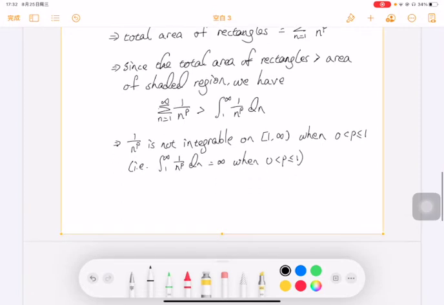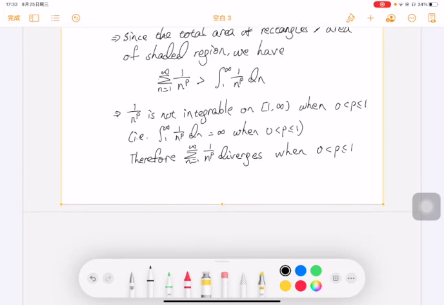Yeah, so since the integral of 1 over n to the p is infinity when p is between 0 and 1, and the sum of 1 over n to the p is even larger than that integral, we know that the series diverges when 0 is smaller than p, smaller than or equal to 1.